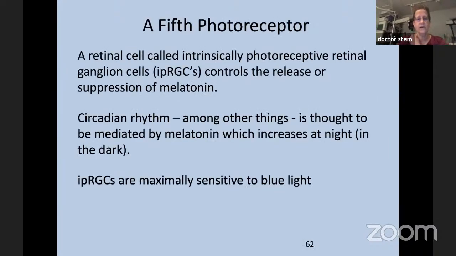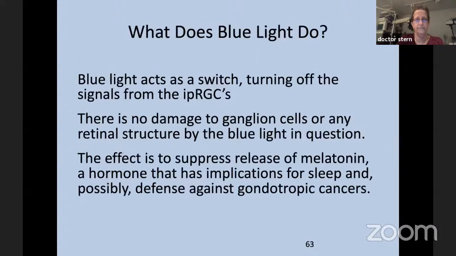So again, we already talked about circadian rhythm. I just kind of put it here because it's part of the talking about blue light. We know that we need melatonin, so we need less blue at night, but we need suppression of melatonin early in the day, and that's where the blue light can come in early in the day, because the ipRGCs are maximally sensitive to the blue light.